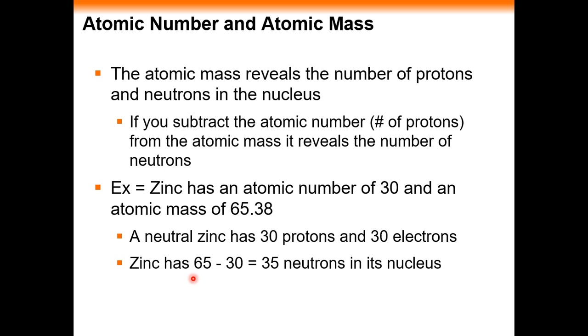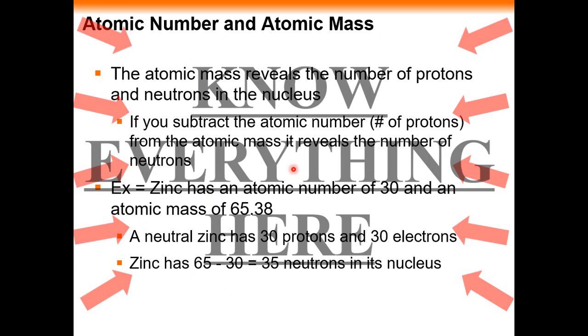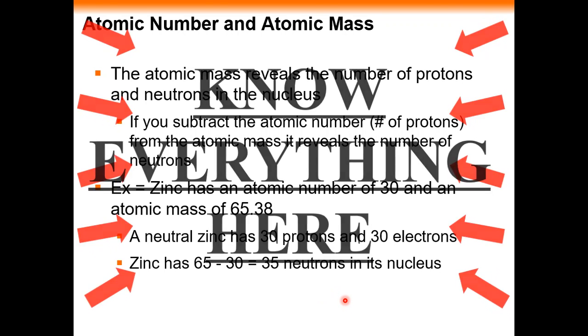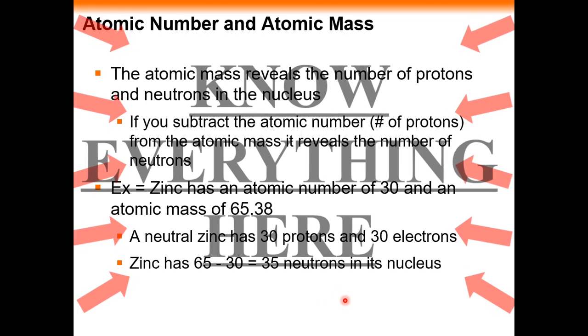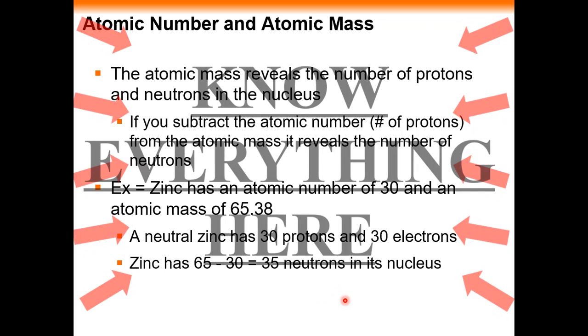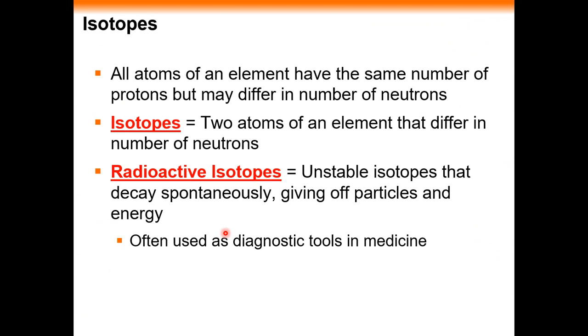And that tells you the total number of protons and neutrons. And now we know the electrons. So now we know everything we kind of need to know about this element. So that's really important. You can do these calculations. And you won't get a calculator on the exam, so it'll be easier math, kind of simple math.